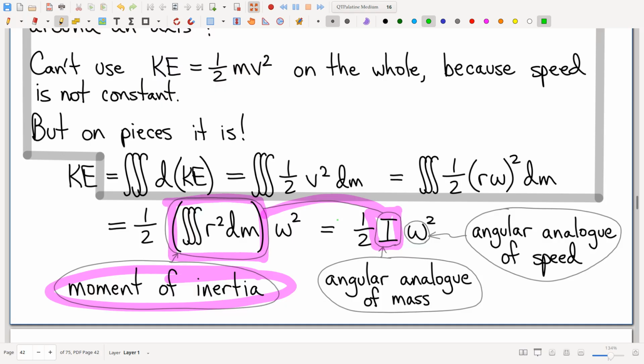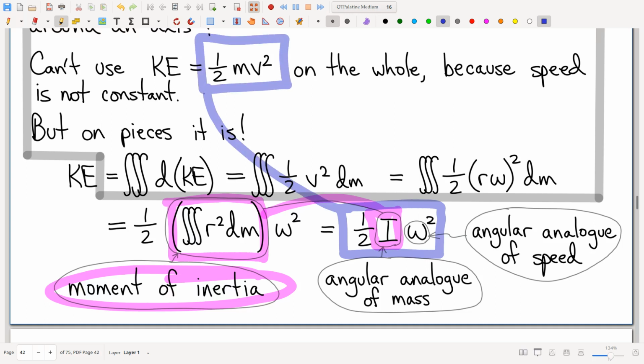And now let's compare. Okay, here we go. Let's compare this formula to that formula, both computing kinetic energy. The difference is that this original formula is about how we would compute kinetic energy of a particle that's moving linearly, right? And this came to us by thinking about how we would compute kinetic energy if the particle is rotating, not moving linearly, right?